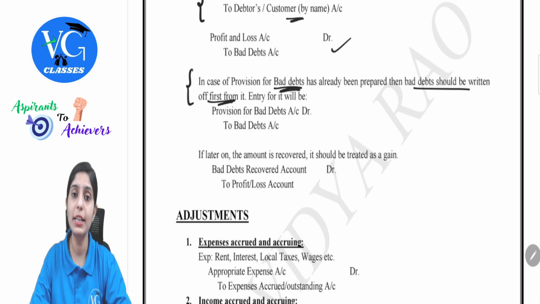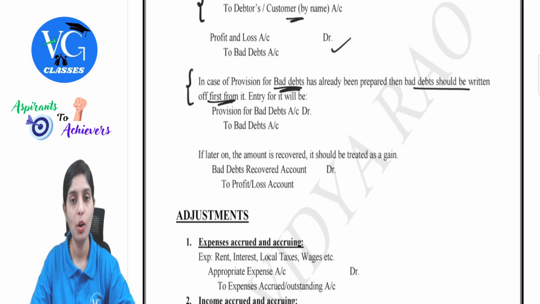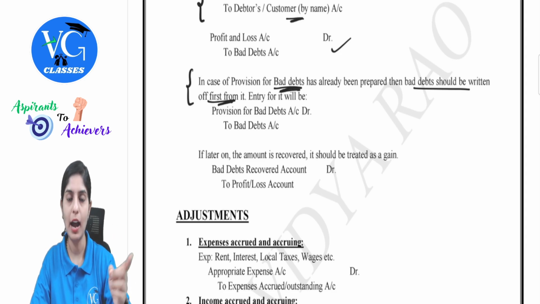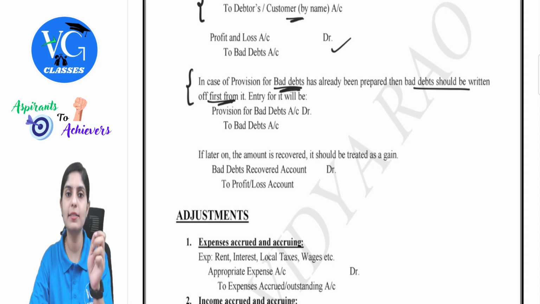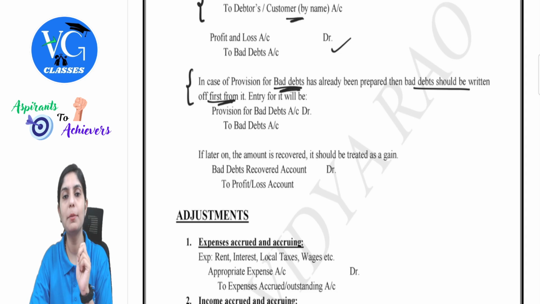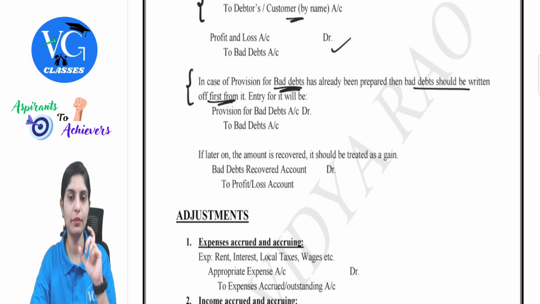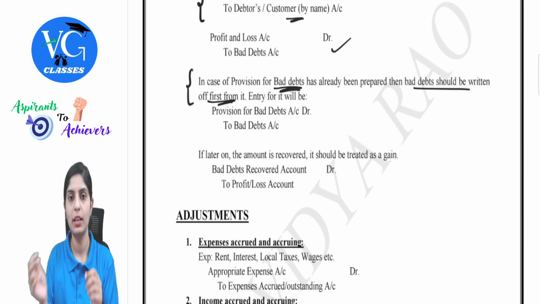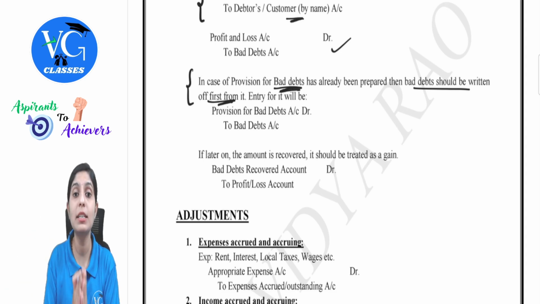So you had created a provision with an expectation that there could be some debtors who will turn out bad. Now, bad debts happen. You had already expected this before. Bad debts, when it happened, is nothing but a confirmation. So now, how will the treatment be shown? First of all, bad debts is a loss. This loss you had already expected. See, provision will be created on an estimation basis.